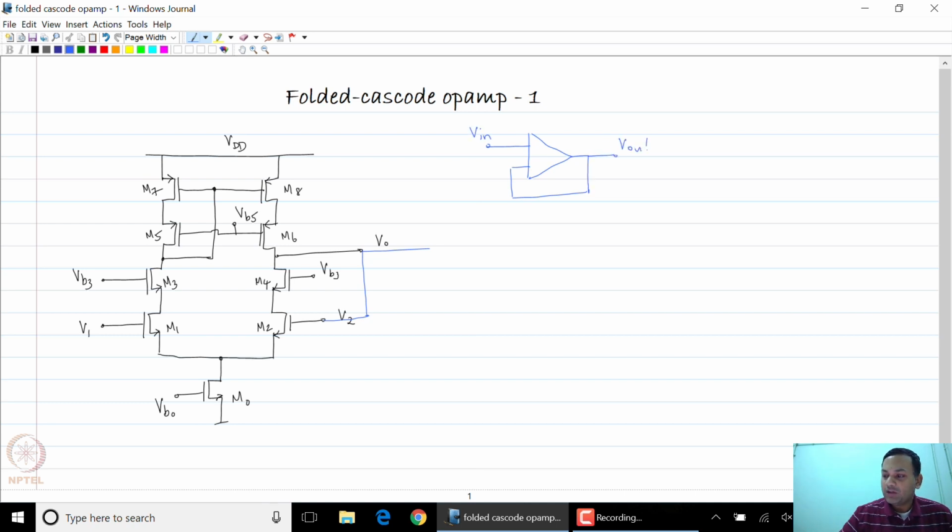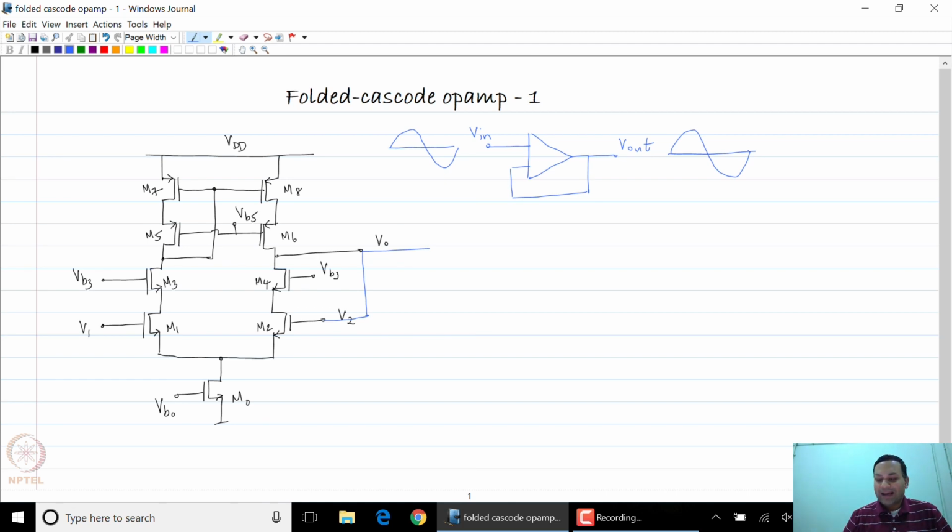I am trying to build a unity gain structure from this op-amp. So I want V out to be equal to V in. So I'll have some DC value, and on top of this I'll have some certain swing. And at the output I should get an exact replica for both DC and AC.